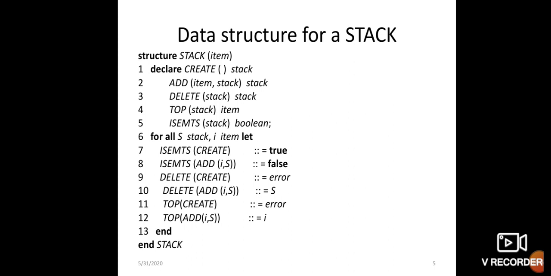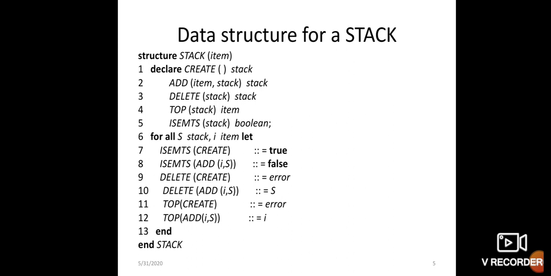First you create a stack, then you insert into the stack, then you delete from the stack, then display the topmost element of the stack, and then check whether the stack is empty or not.